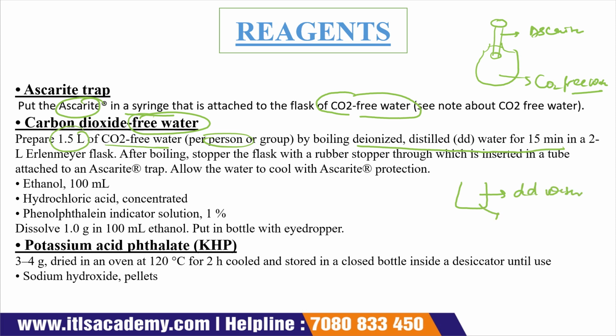We boil it for 15 minutes in a flask of 2 liters. After boiling, we place a rubber stopper on the flask, through which a tube attached to an ascarite trap is inserted, and then we allow the water to cool down with ascarite protection. This is how we prepare carbon dioxide free water.